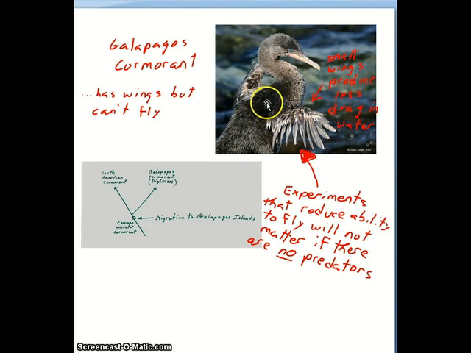Well, if there are no predators on the island, there's no penalty for that reduction in wing size or capability. So that variation can survive just as well as an offspring that had the original parental wings. In fact, the offspring with smaller wings, as we said, might actually have an advantage because they might be better swimmers.